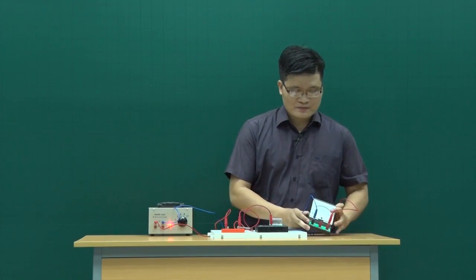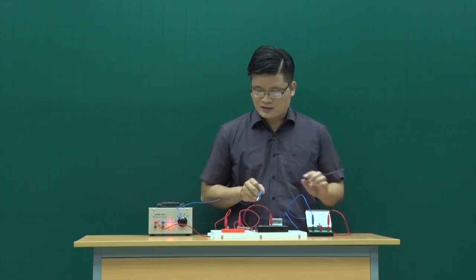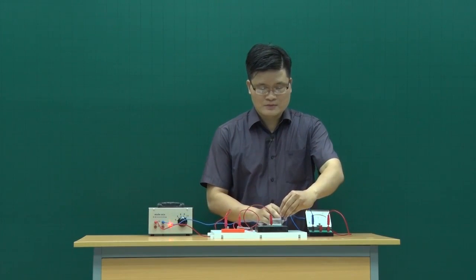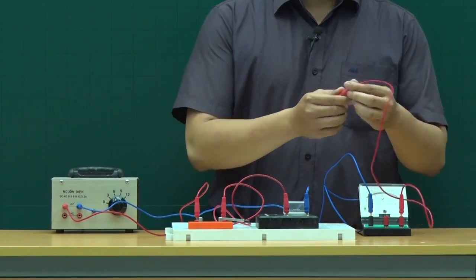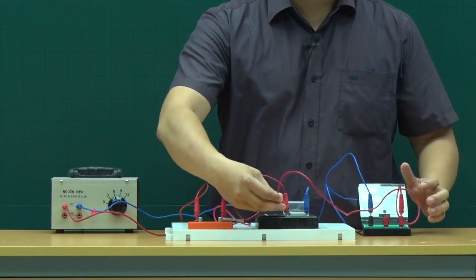Now, as I already explained to you, in order to measure the voltage, I have to connect the voltmeter in parallel with the conductor. So first of all, I connect again the conductor to the power supply. And then I will connect one end of the voltmeter to one end of the conductor.